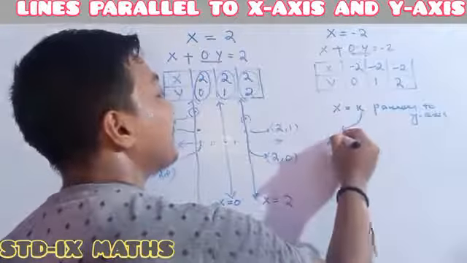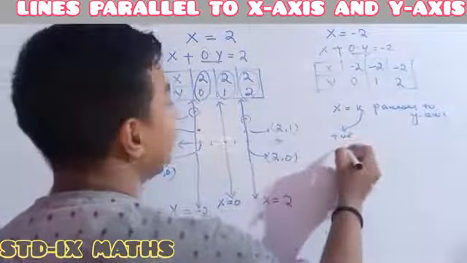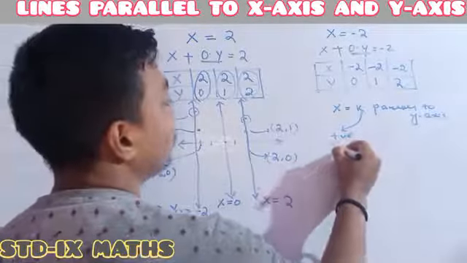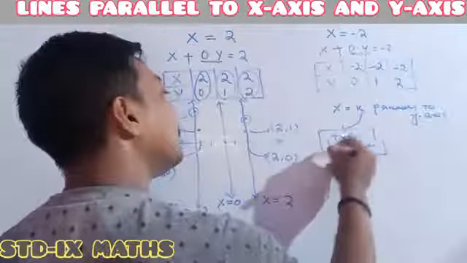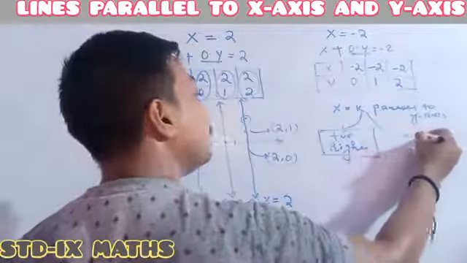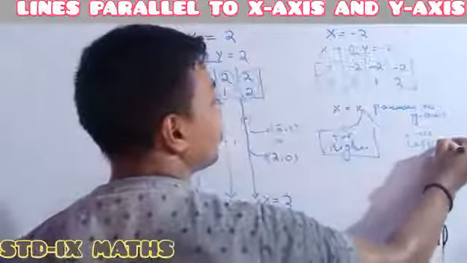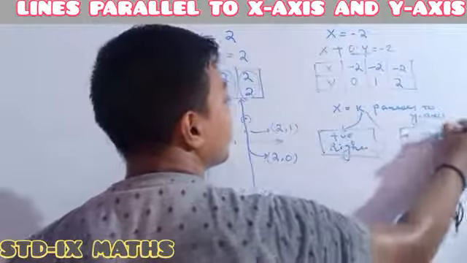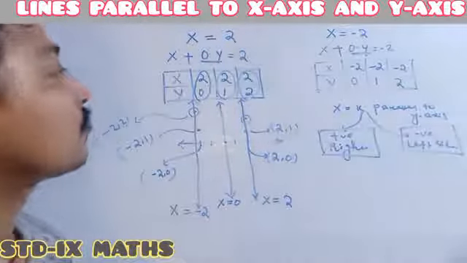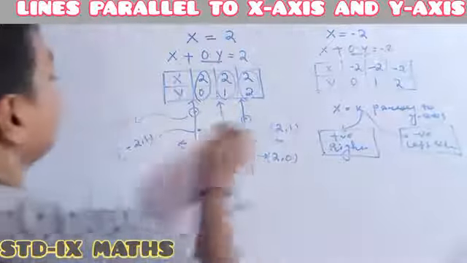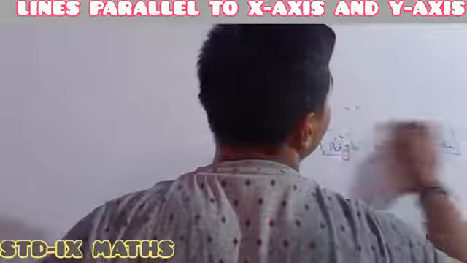And if k is positive, it means towards the right side. Positive means parallel towards the right side. And if it is negative, it means left side. Understood? Now I want to show you all these things in a single picture, so that you can easily remember everything.